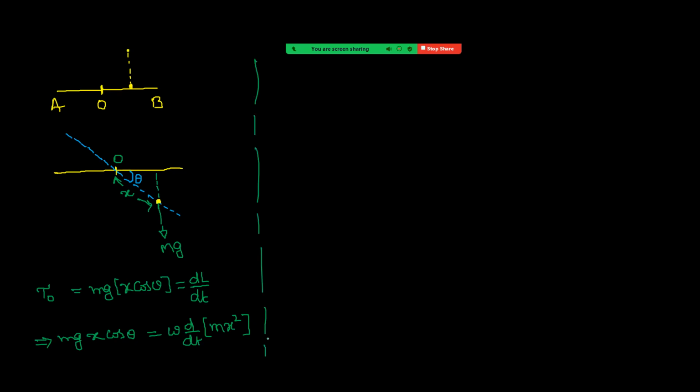Now simplify: mass is a constant, so it cancels. Taking the derivative gives 2x dx by dt. So g x cos theta equals omega times 2x dx by dt.